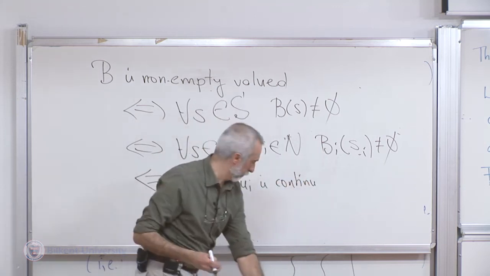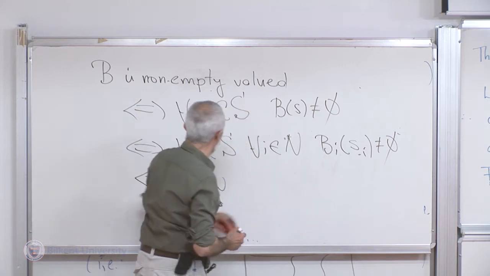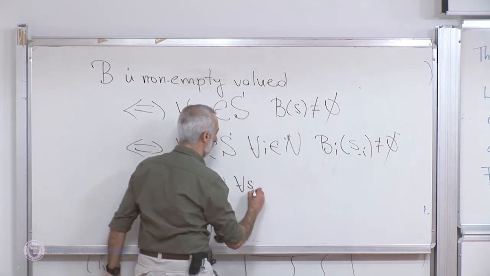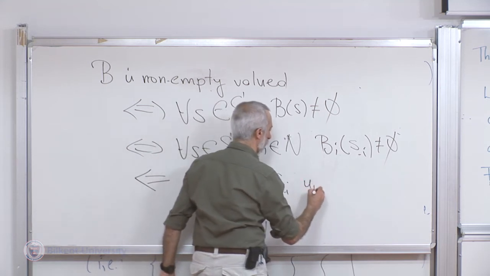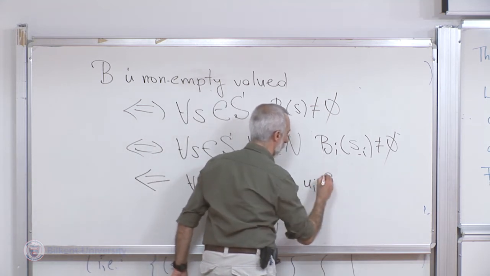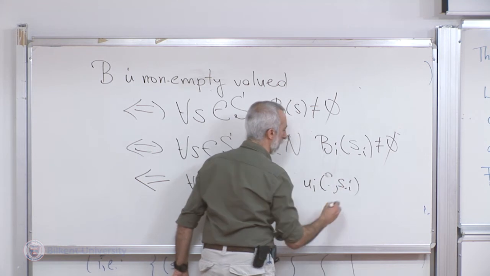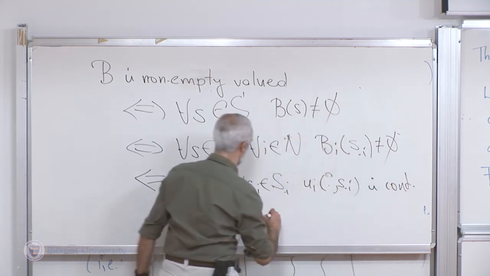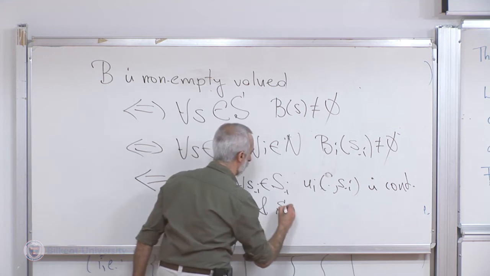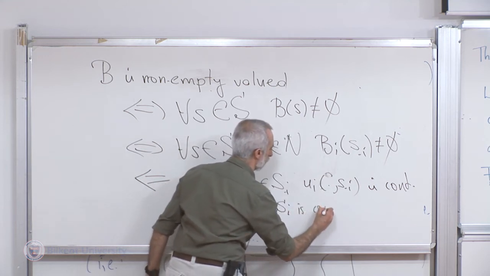So for each i, for each S minus i, Ui given S minus i is continuous in Si, and capital Si is compact.